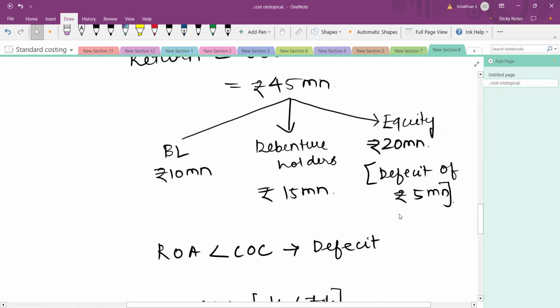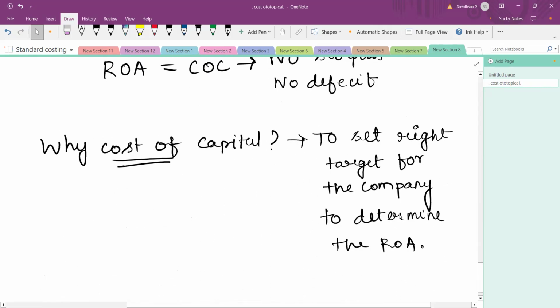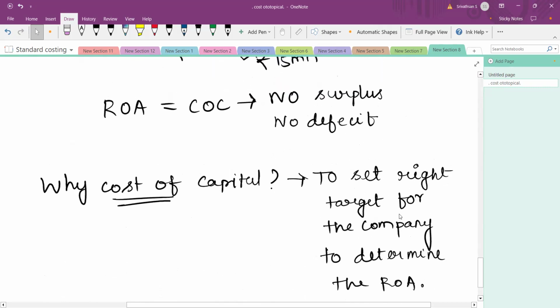Right, now let's say the cost of capital of the company is 16.67%, and the company is aware of the fact that its cost of capital is 16.67%. In that case, what will happen? The company knows that, okay, my cost of capital is 16.67%. So I should generate a return that is at least equal to 16.67% so that I can meet the expectation of all the investors. And if I'm generating greater than 16.67%, I can meet the expectation of all the investors.